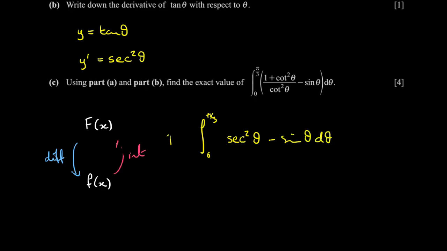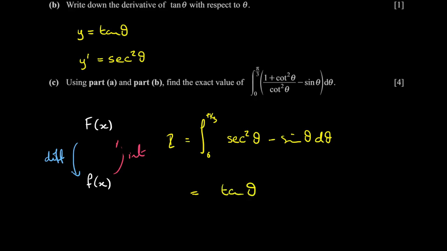Okay, so this is the integral that we're doing. If we were to integrate sec squared theta, what will we get? Well, we will get tan theta, because if we differentiate tan theta, we get sec squared theta. That's what we learned in part B, which means that if we reverse that, integrating sec squared gives us tan. So this thing becomes tan theta.